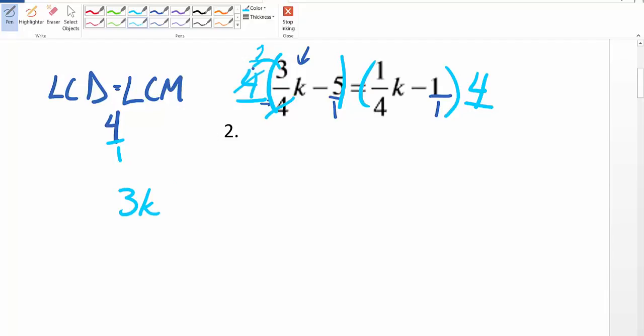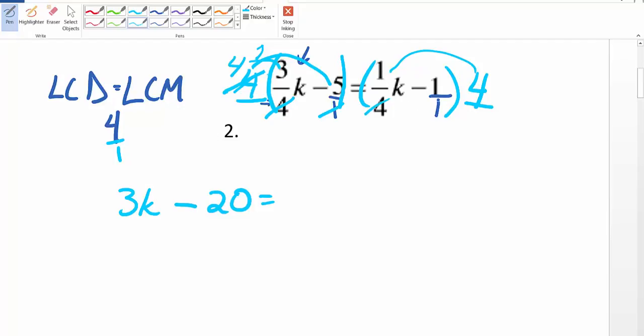Well, we're still distributing that original 4 to the negative 5. And the same thing still plays. This bottom number 1 goes into 4, not one time, it changes a little bit, but 4 times. Again, 1 goes into 4 times, but then that 4 is being distributed to the negative 5, that numerator piece. So then that just comes out to be negative 20. On the right side, we have 4 being distributed to the 1 over 4.